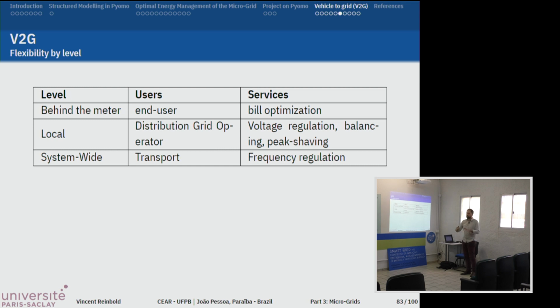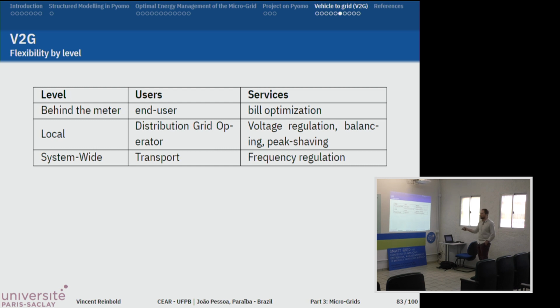So this is local on the distribution grid, but it can also be at the system-wide level, where the user is the transport operator, and the services are more linked to frequency regulation. You may think that this system is simpler than this one, which is simpler than this one, but actually the first patents of vehicle-to-grid technology were about this one.